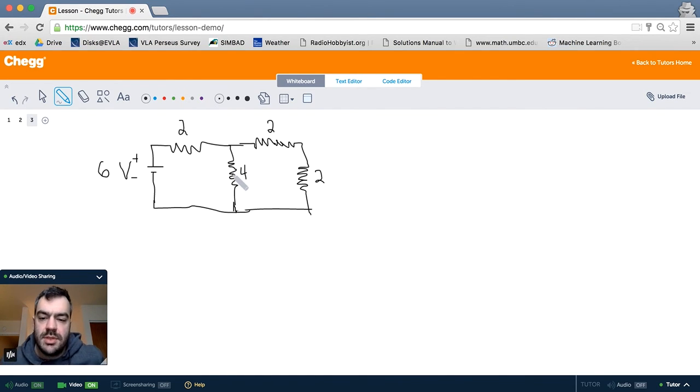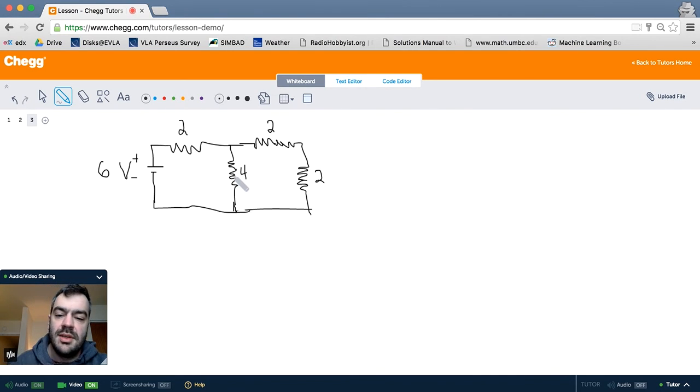So when students see problems like this for the first time, they often get a little worried because this doesn't really neatly fit into the paradigm of a strictly series or a strictly parallel circuit. And there's a very good reason for that. It's not. Instead, you have components that are in series and some that are in parallel, and we need to figure out how to apply each of those concepts in a way that makes sense.